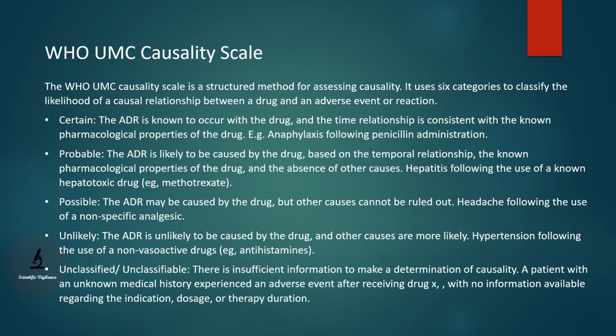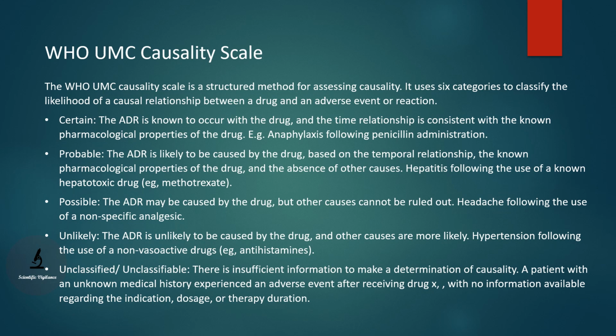Moving on to the unlikely category, this classification denotes that the adverse event is improbable to be caused by the drug, with other factors being more plausible culprits. For instance, hypertension following the use of a non-vasoactive drug would fall into this category. Example, antihistamines. Lastly, we have unclassified, or unclassifiable.